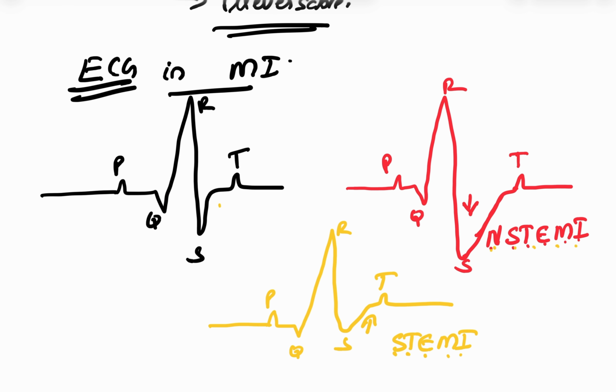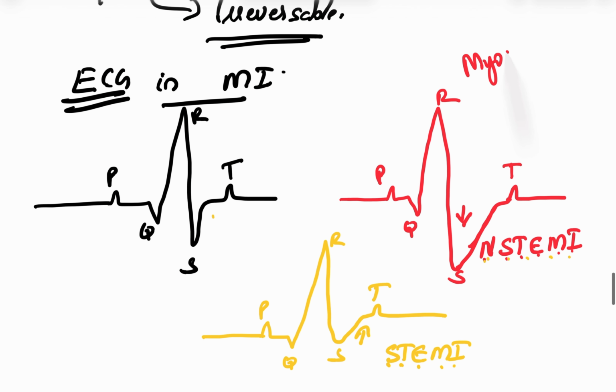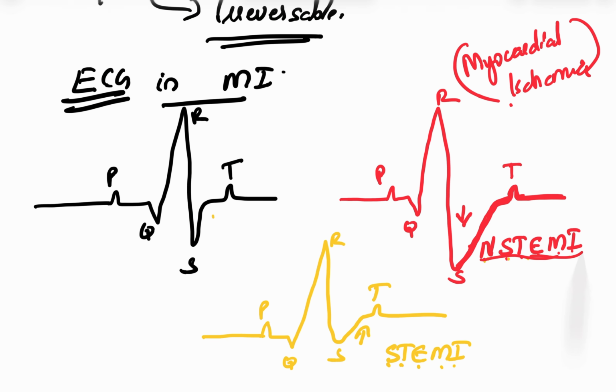So remember, myocardial ischemia occurs due to the lack of blood supply to the heart muscle. In case a patient has myocardial ischemia, the patient is going to have ST segment depression, and this is NSTEMI or non-ST segment elevated myocardial infarction. It's a type of myocardial infarction, and sometimes there will also be T wave inversion seen in this type.